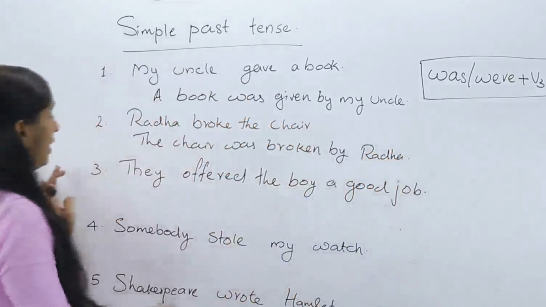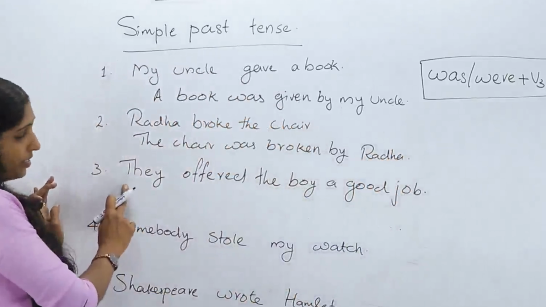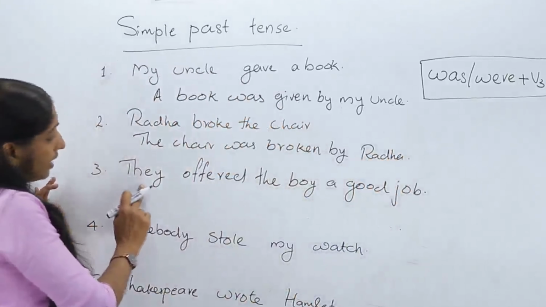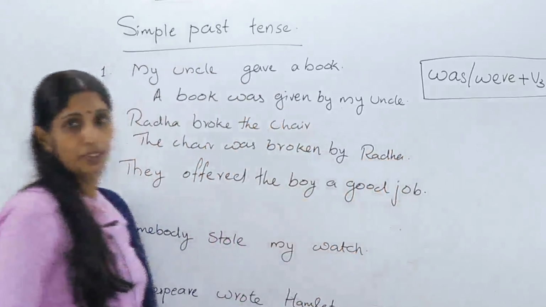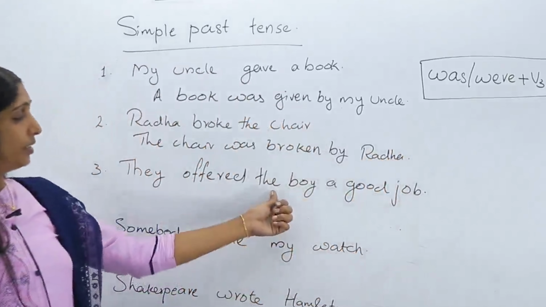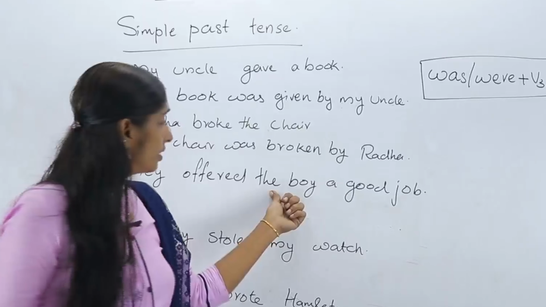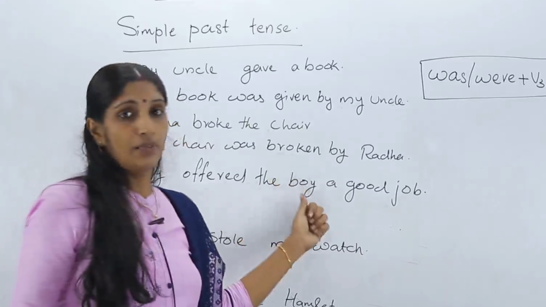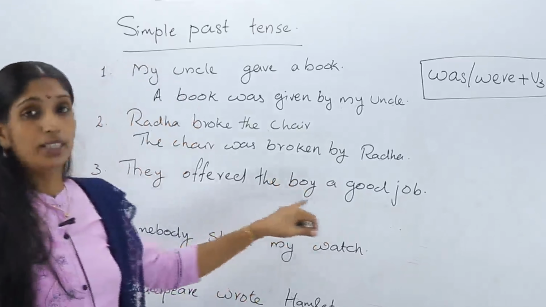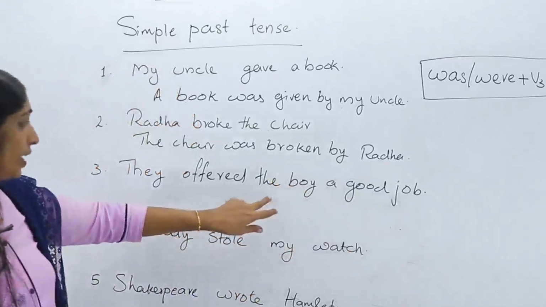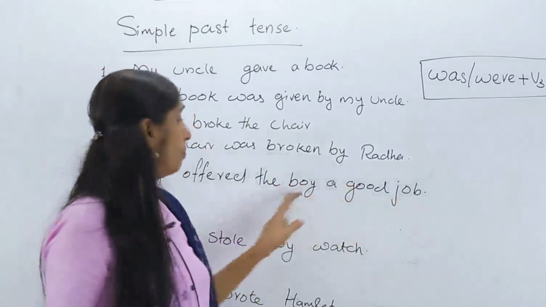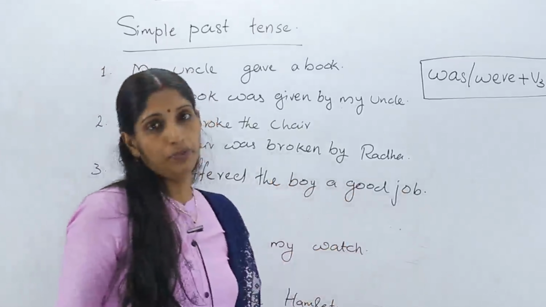Okay. And the third sentence, you have to see, they offered the boy a good job. Earlier, in one of the sentences, we have noted direct object and indirect object. The same way, here also, we have 2 objects, the boy and a good job.